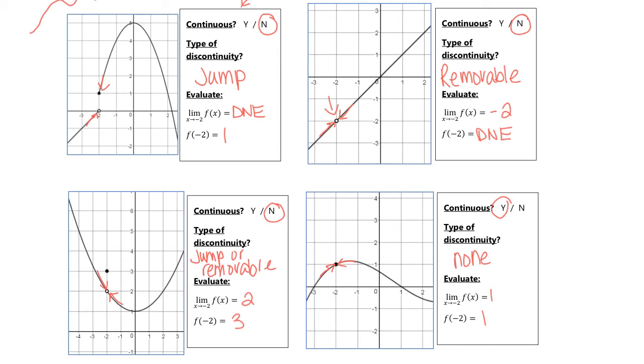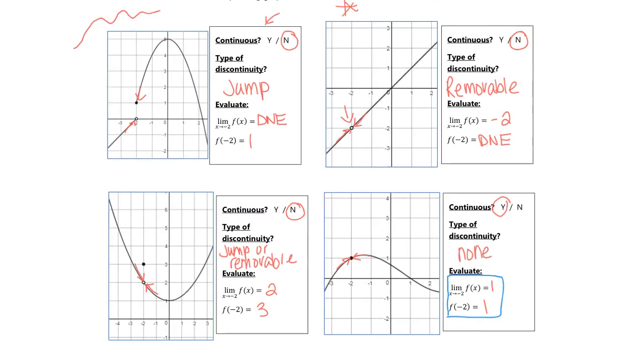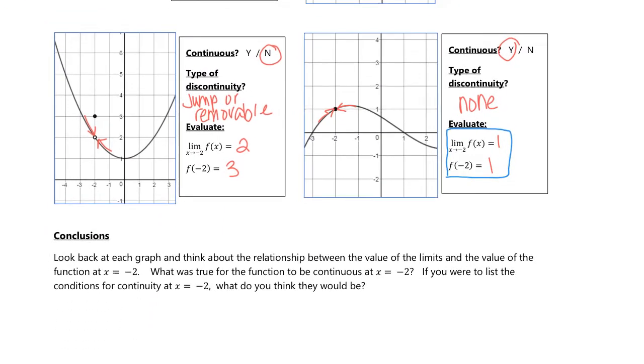And I want you to pay attention in particular to the fact that my limit at a particular point was equal to my function evaluated at that same x value, okay? And that's what we're getting at in terms of seeing that connection between a continuous function and not having a discontinuity and using these properties to show that a function is continuous. That's what we're getting at right here, okay?